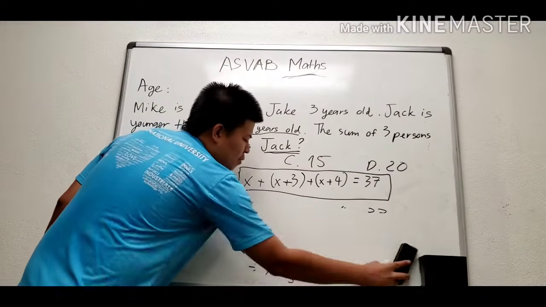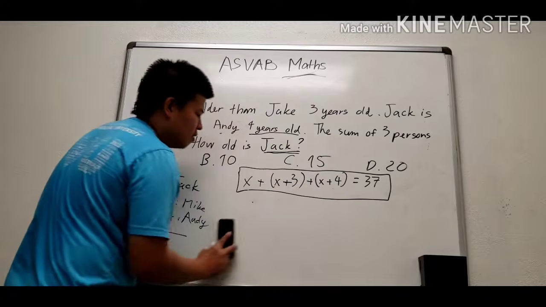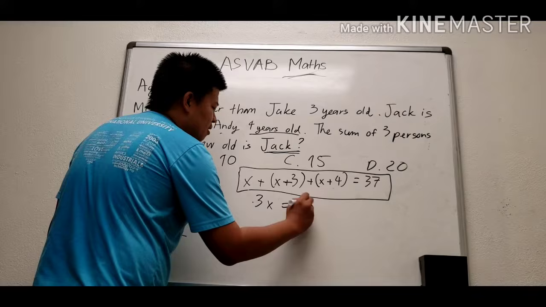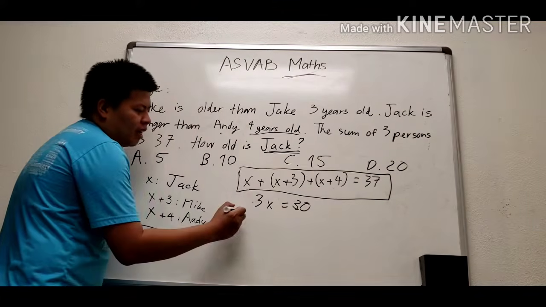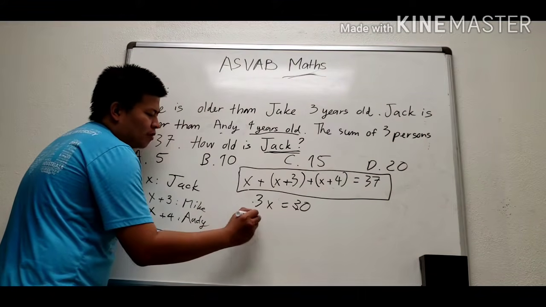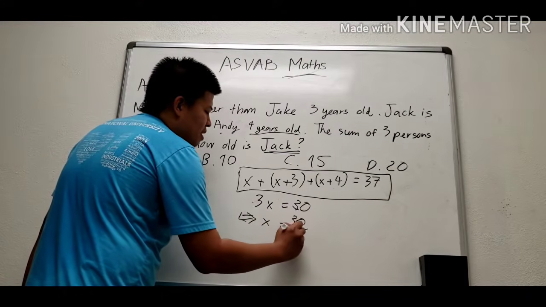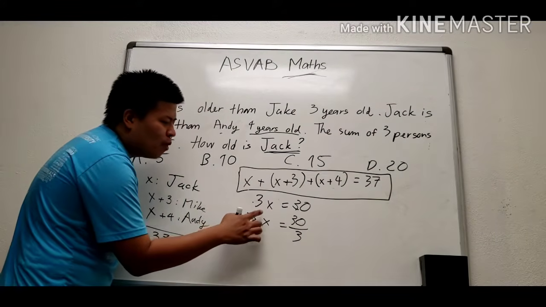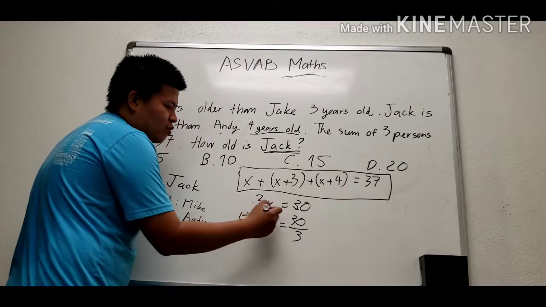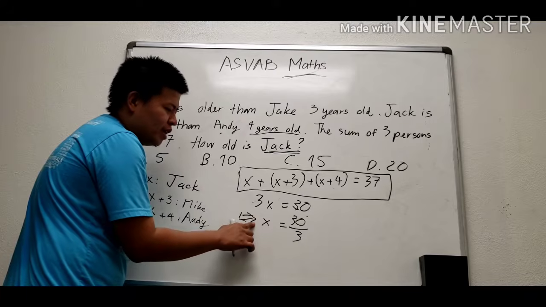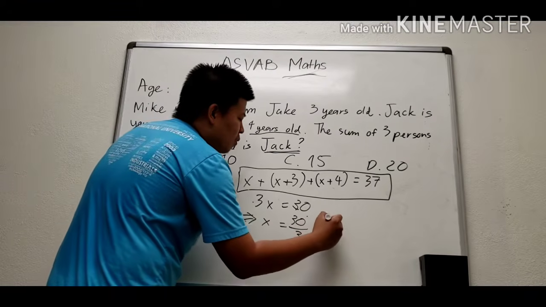So after we calculate everything, we have 3S equal to 30, and we get S equal to 30 divided by 3, because we divide both sides by 3. That's why we eliminate the number 3 here. So we got 10.